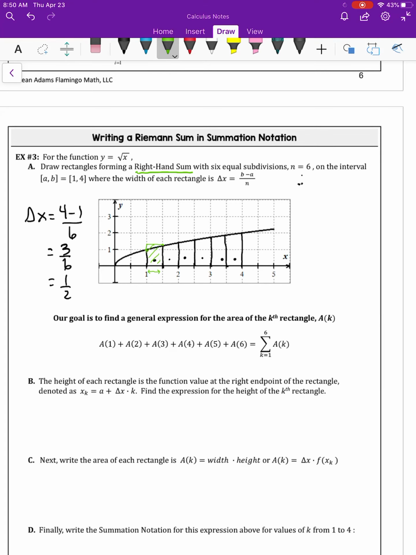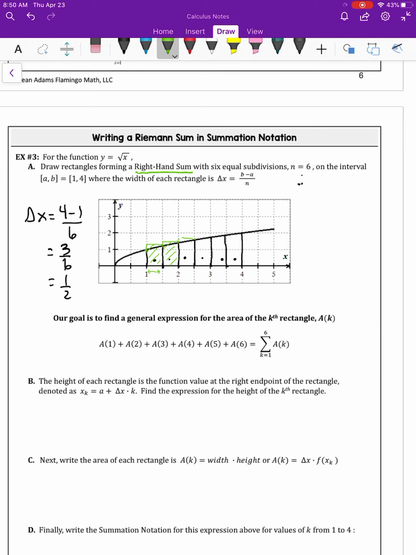And now we're going to use right-hand sum. So that means for this first one here, here's my left point on the function, here's my right point on the function.